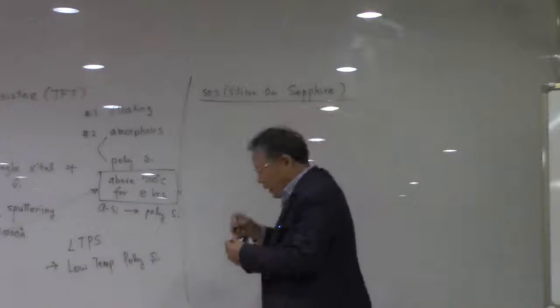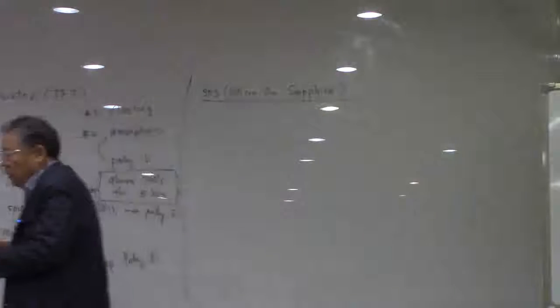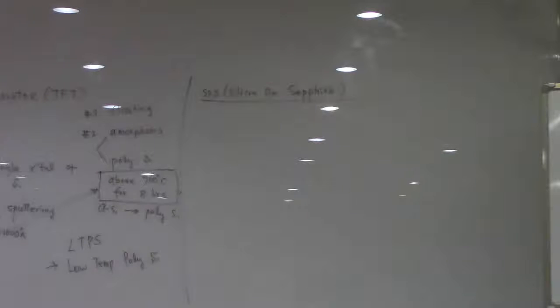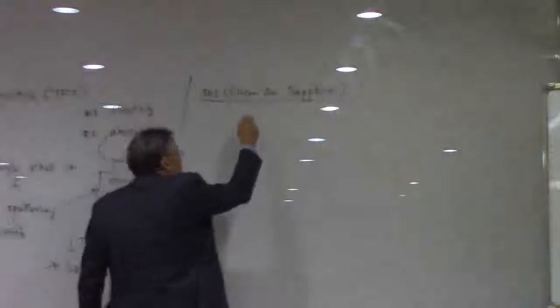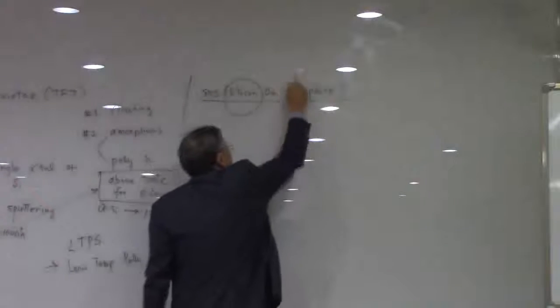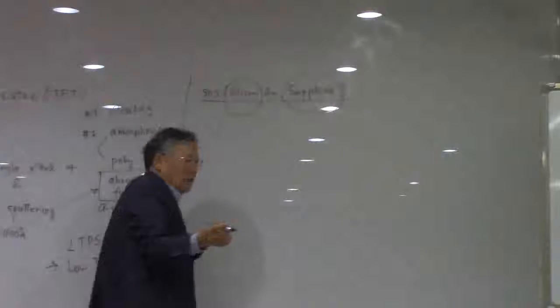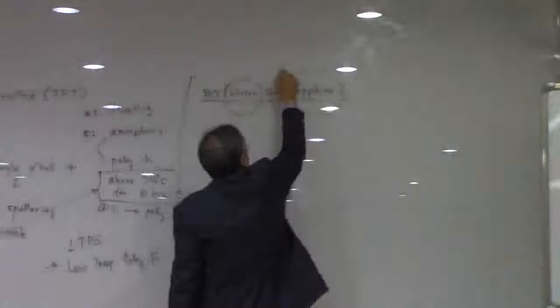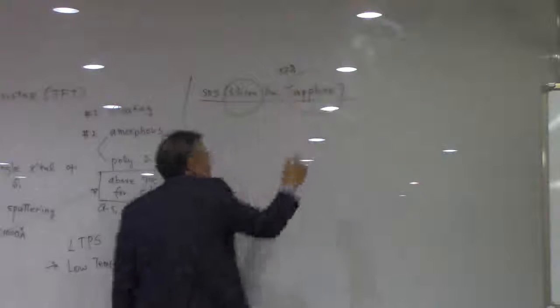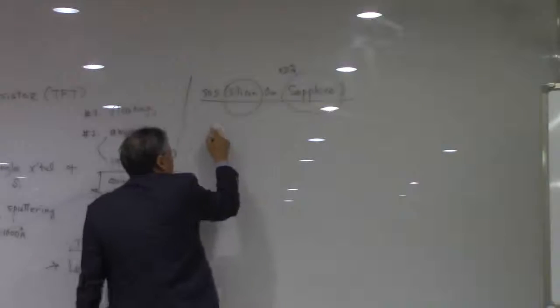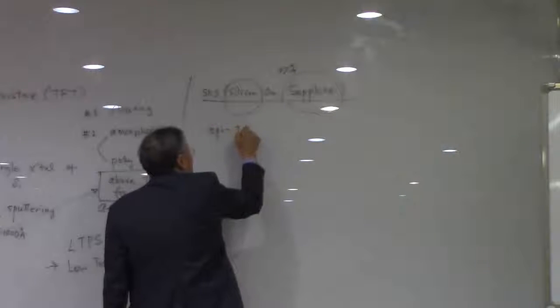The reason why we want to work on the silicon on the sapphire is that the lattice mismatch between the silicon and sapphire is less than 0.2%, which means we can grow epitaxial layers, epilayers.